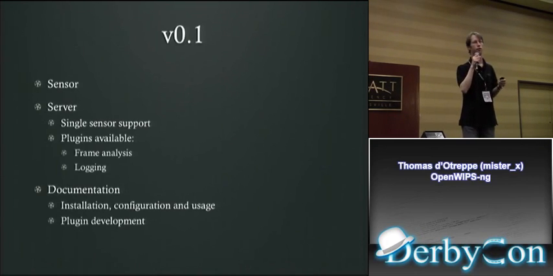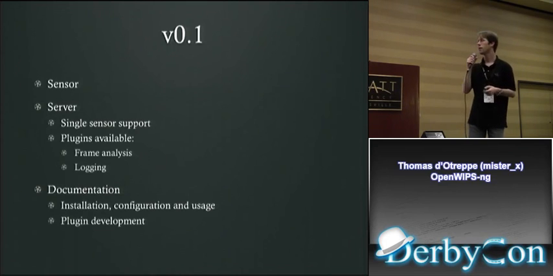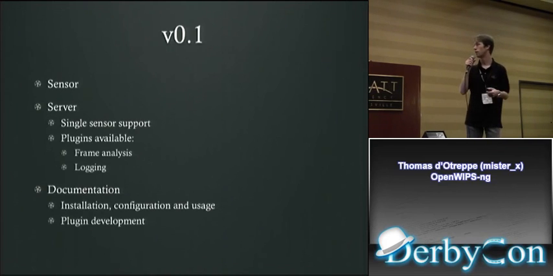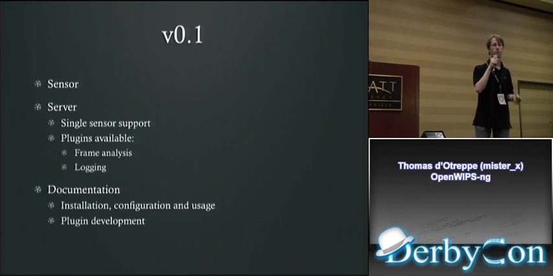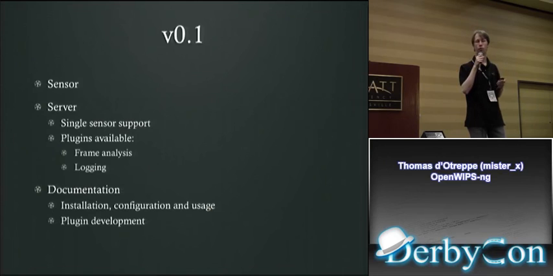We're going to be able to detect all the attacks of Hyatt Regency and a few other attacks, and logging, and probably an alert plugin, as well as documentation for compiling, setting it up, and using it, and also documentation for creating your own plugins.